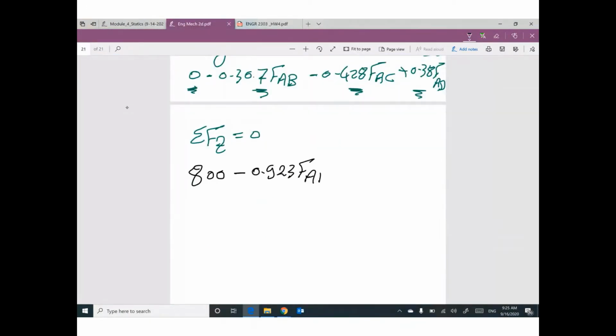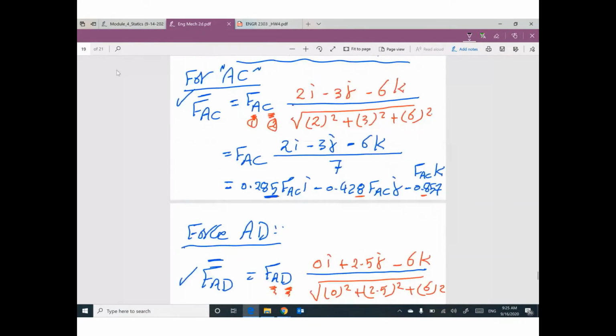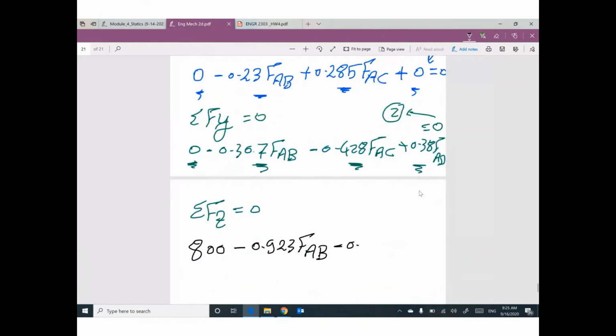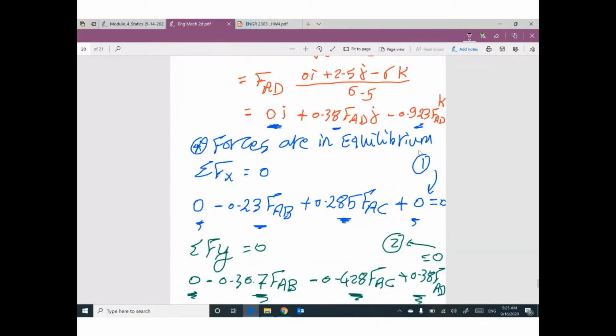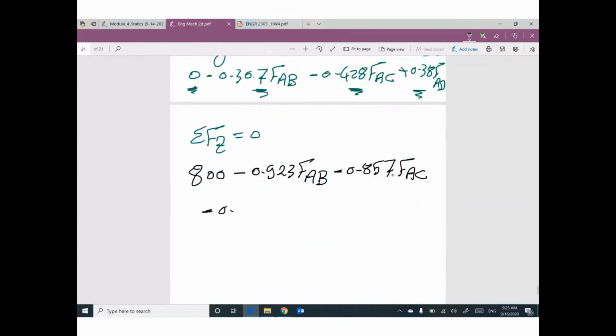What else? For this force, we have negative 0.857 FAC. What else? For this one, we have negative 0.923 FAD, equals 0. Third equation.